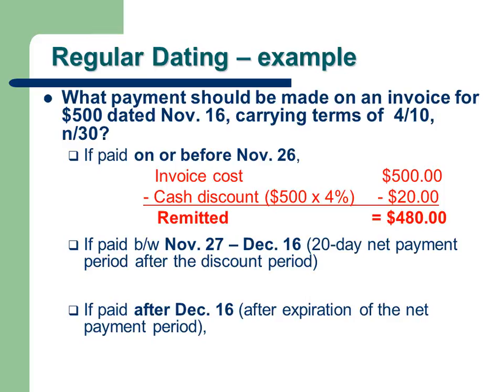So that will be December 16th. If you add 30 days from November 16th, that will be December 16th. Or you can add an additional 20 days from the last cash discount date, November 26th. Either way, you will get December 16th because November has 30 days.